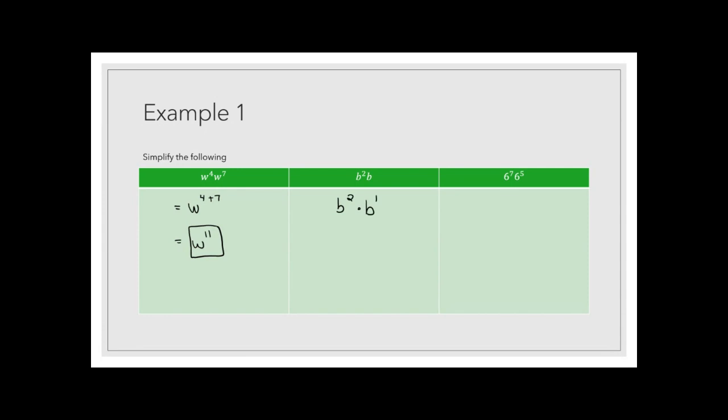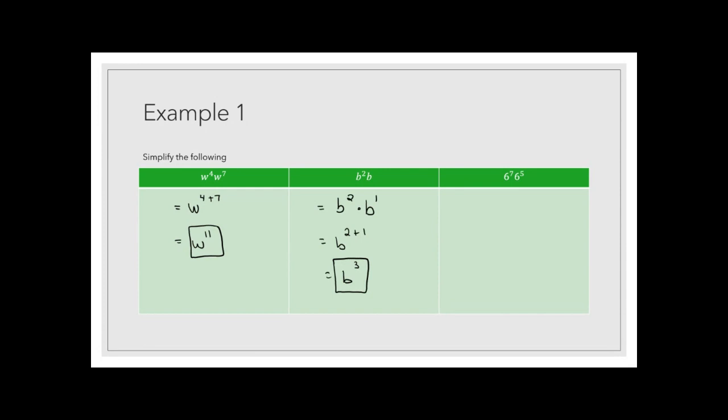So this is actually b squared times b to the 1st power. So there is an exponent there. It's just not written whenever it's a 1. So when we combine these, we're actually adding 2 plus 1 together, which gives us b to the 3rd power, or b cubed.